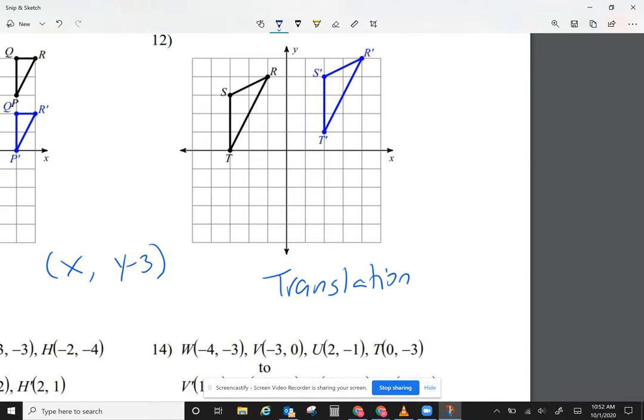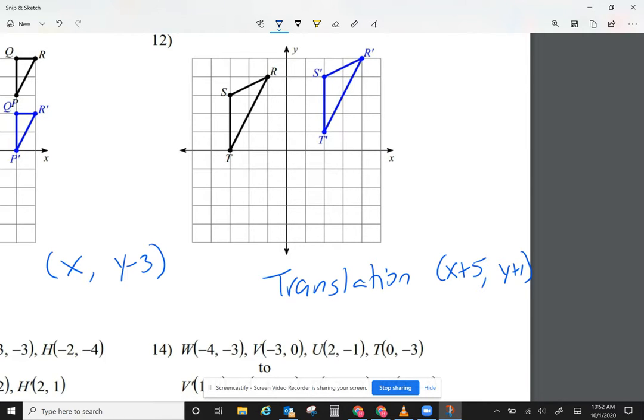I notice that I go to the right 5 spaces and I go up 1. So the way I'm going to identify 5 to the right, I'm going to write X plus 5. Right? I would have said minus if we would have gone to the left. So X plus 5 means 5 to the right, and Y plus 1 means 1 up.